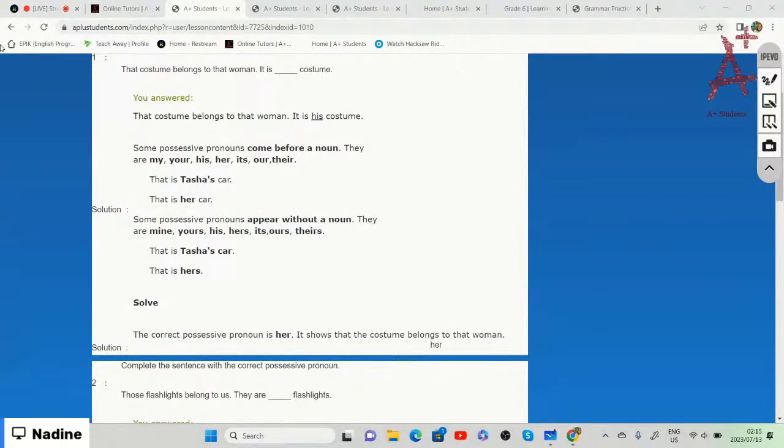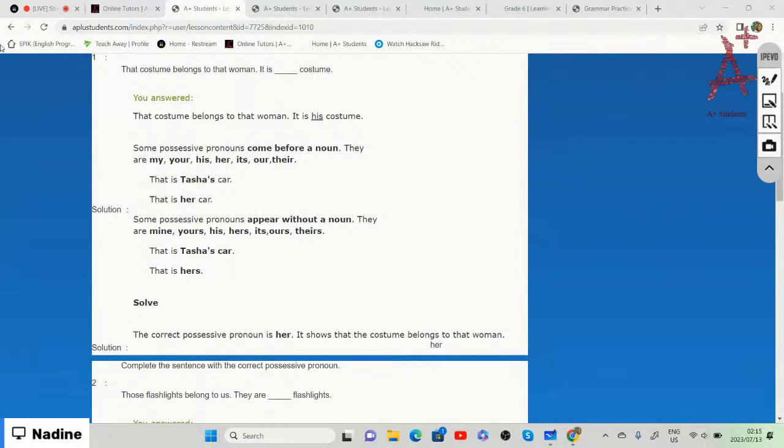That shows possession, that it belongs to you. It's like you are taking ownership thereof, right? My, your, his, her, its, our, or their, it comes before the noun.